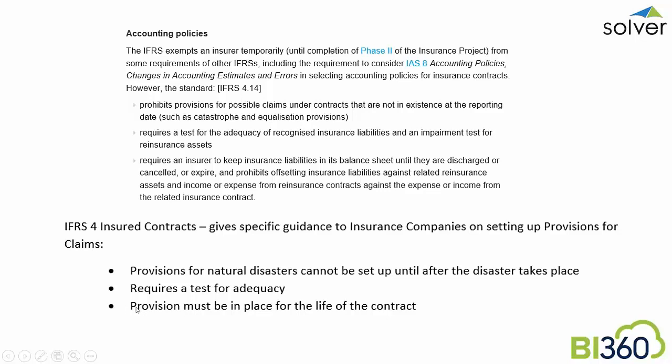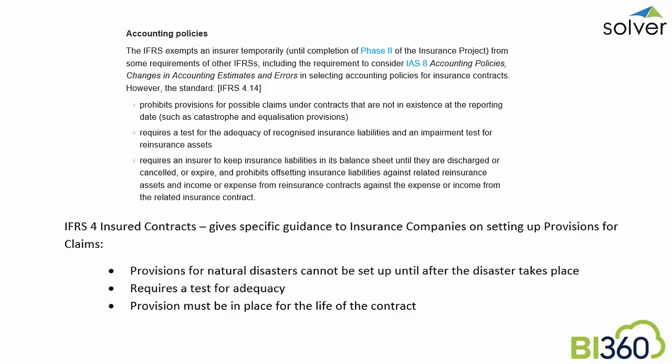The other thing is that provision has to hang out there for the life of the contract. So once again, I've got a 12-month medical policy where they pay $1,200 up front. I'm going to reserve or provide for 80% of that for claims. Once that contract's expired and there's no more liability for claims, then I can go ahead and reverse out whatever's left on that contract for the provision.